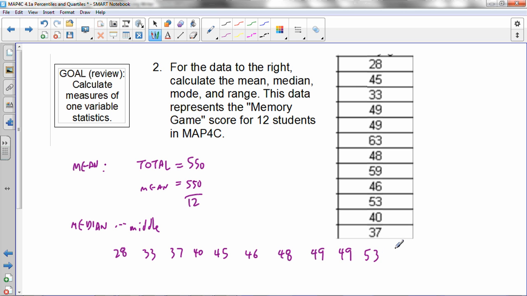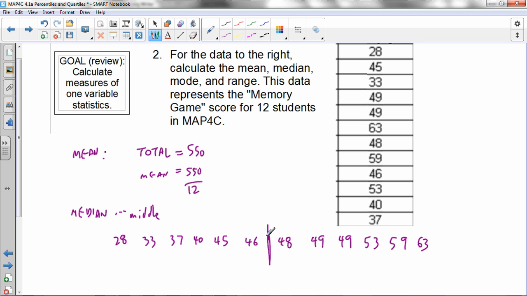And one way to find the middle is to cross off highs and lows and keep doing that until you're in the middle. But if we've got 12 students, the middle is right there. There's 6 on either side. Then this is the median right here.